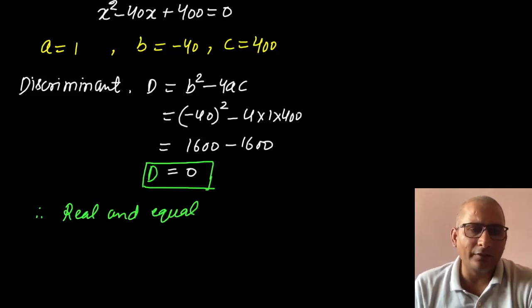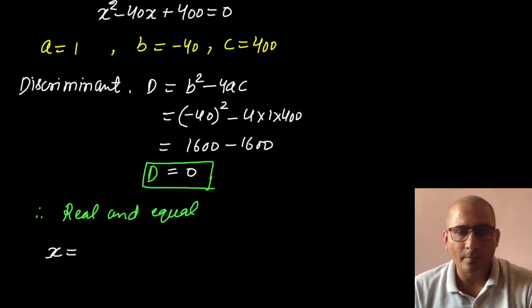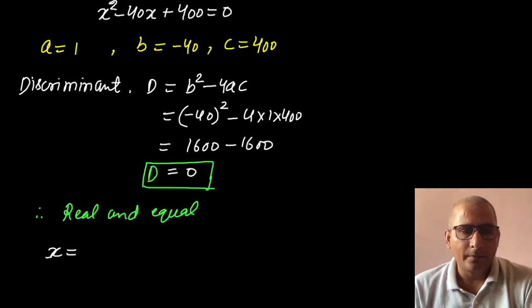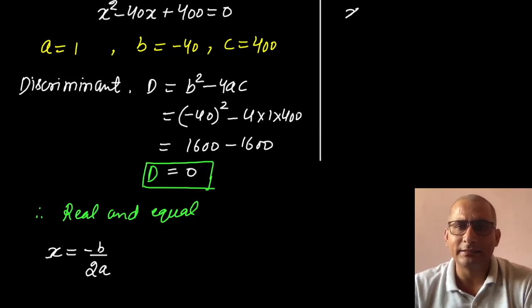And what is the value of x in that case? x is equal to minus b upon 2a. How does it come? कैसे आई है? तो let me tell you this thing once again. So quadratic formula था हमारे पास, देखिए x is equal to minus b plus minus root of b square minus 4ac.